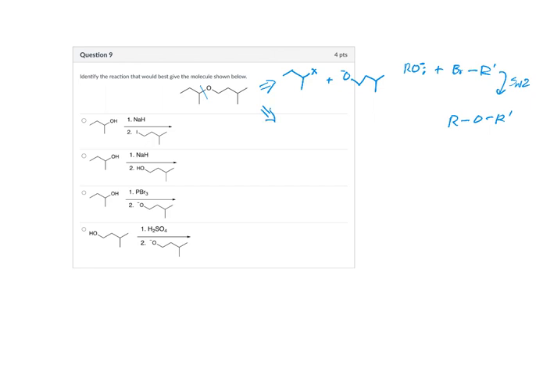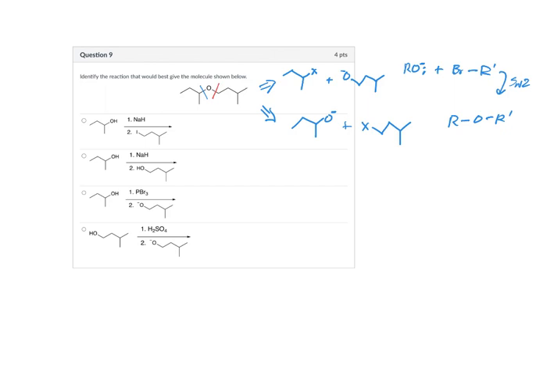The other way to do this would be to make the other carbon-oxygen bond, and in this case, we would have the alkoxide on this side plus the alkyl halide over here. So these are the two possibilities.